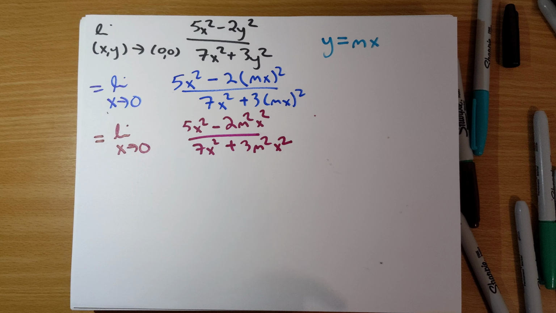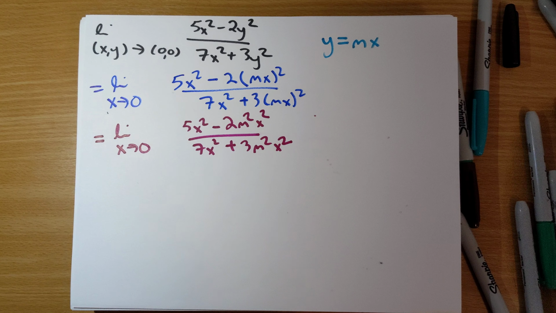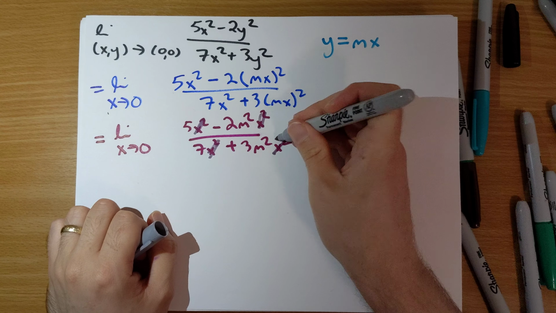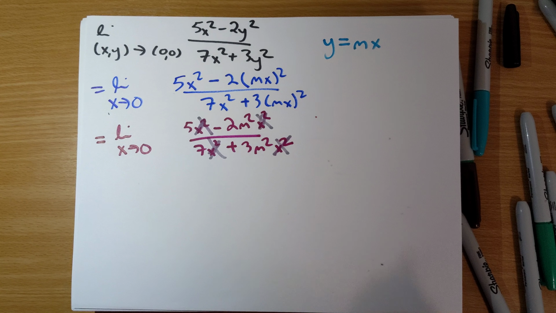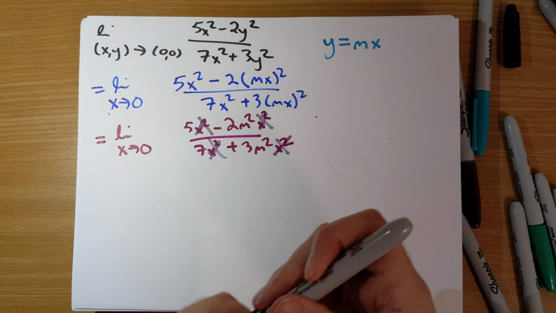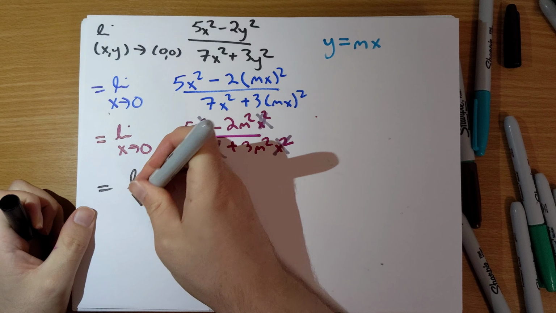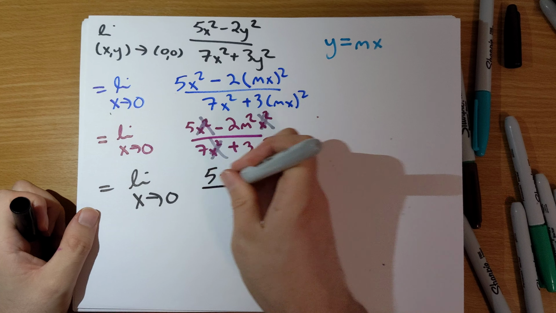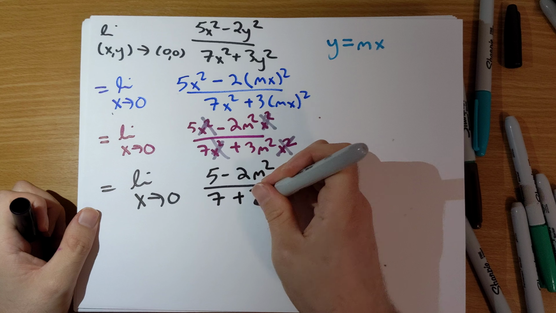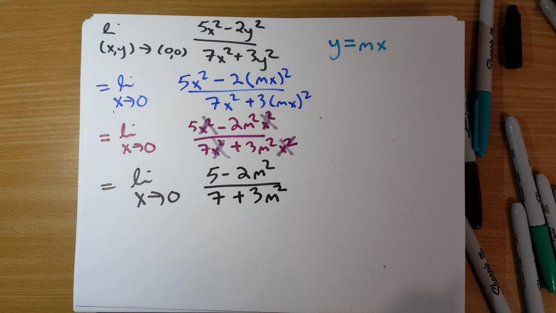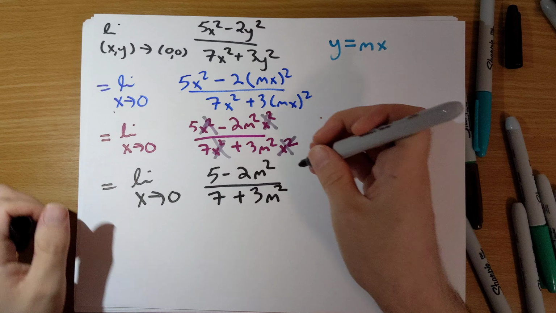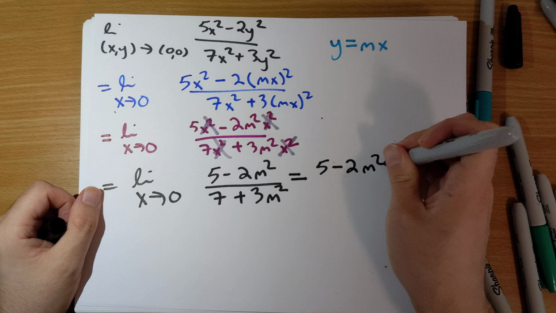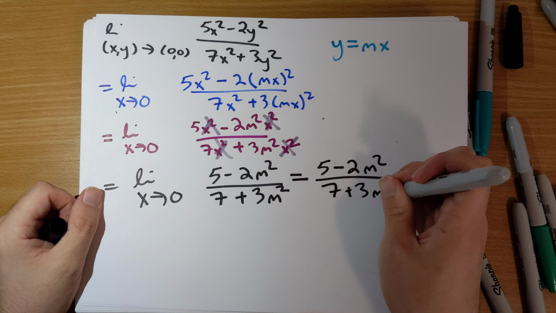And we see that there's a factor of x squared in every term, both upstairs and downstairs, so we can get rid of those terms. And what are we left with? The limit as x goes to 0 of 5 minus 2m squared upstairs over 7 plus 3m squared downstairs. This does not depend on x, so the limit here is 5 minus 2m squared over 7 plus 3m squared.